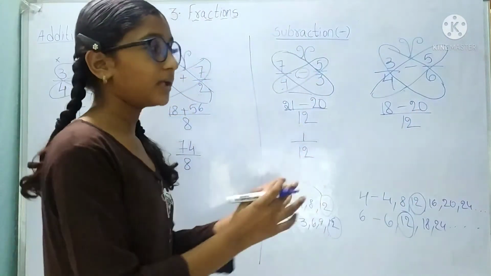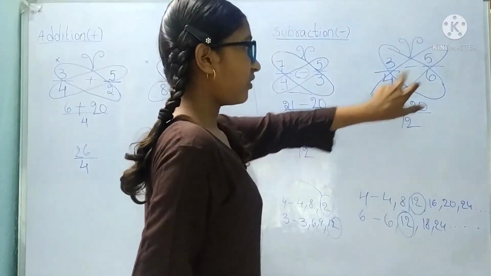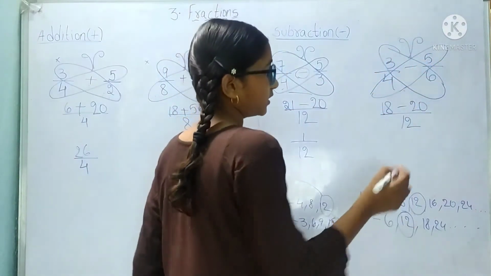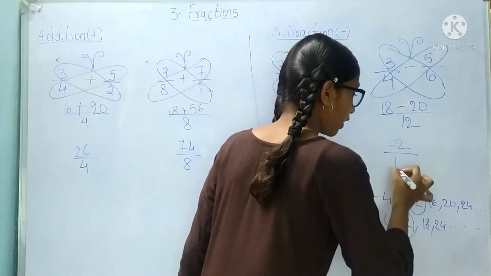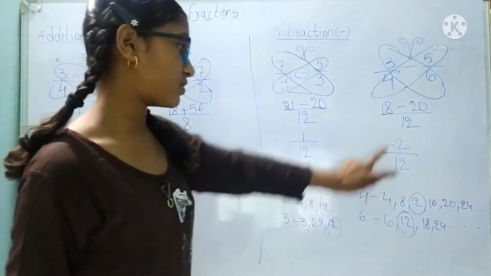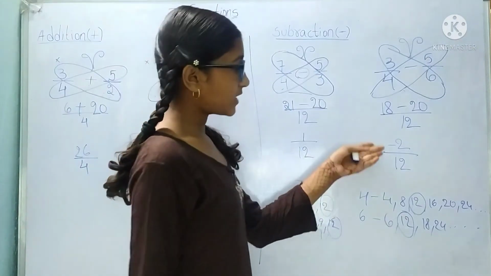So here we want to multiply 3 into 6 and 4 into 5. So 18 minus 20. 18 minus 20 is minus 2 by 12. Here I am not cancelling this 2. I am leaving it like this only. So here minus 2 by 12.